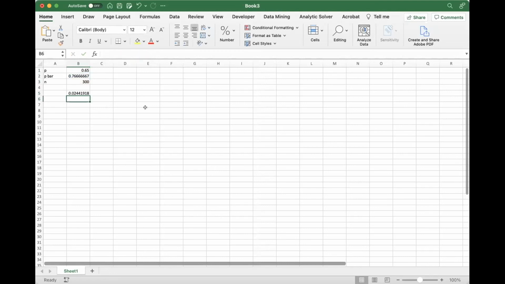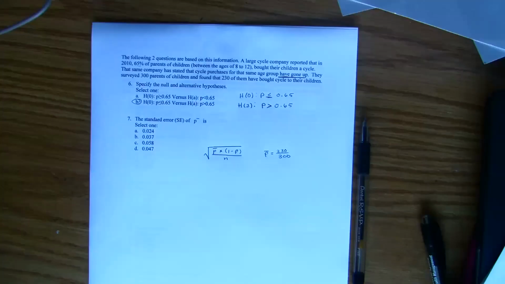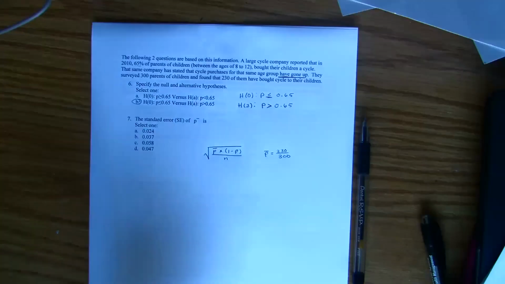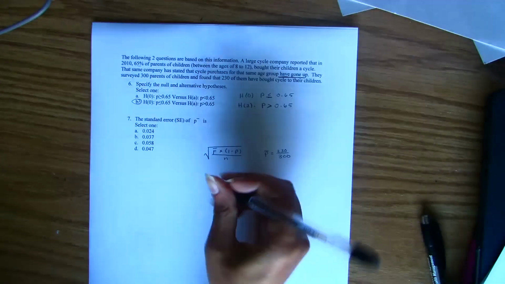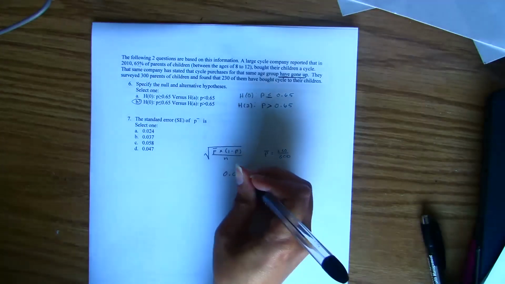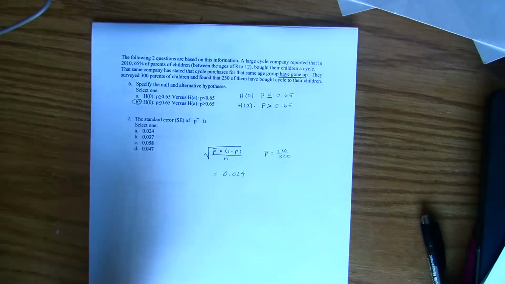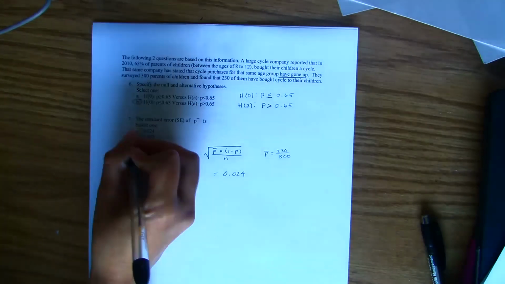And that's our answer, 0.024. And that matches with, I can stop sharing. Okay, so we said we got 0.024 when we do this, and that's going to match up with answer choice A.